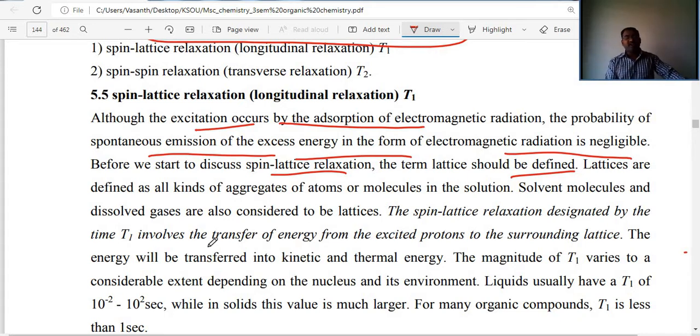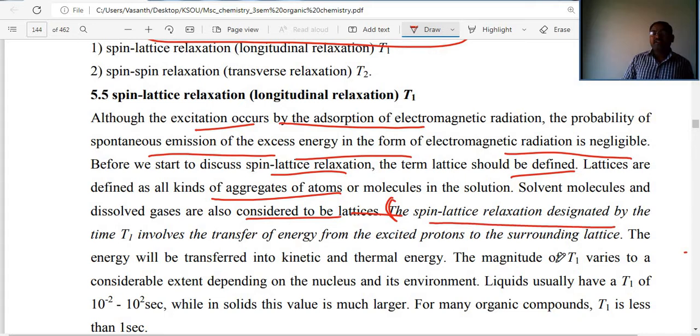Lattices are defined as all kinds of aggregates of atoms or molecules in the solution. The solvent molecules and dissolved gases are also considered to be lattices.